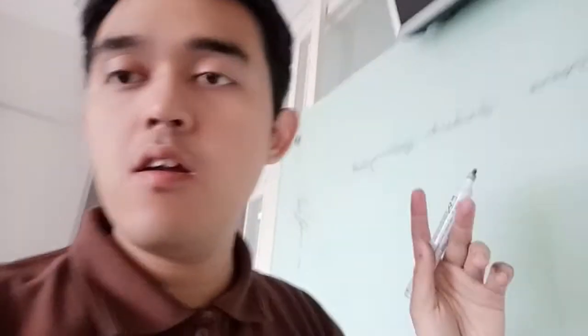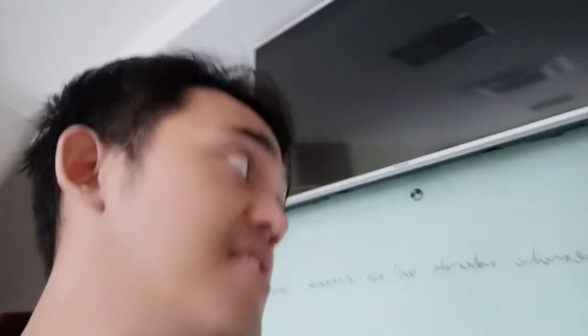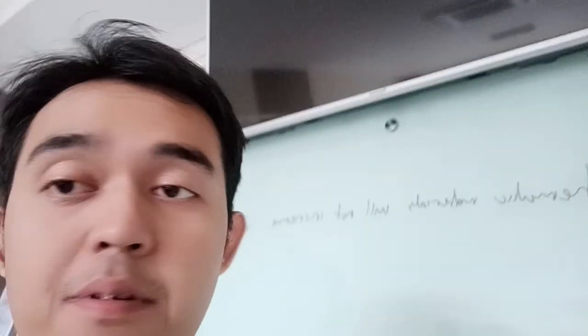So basically in the null hypothesis we use a negative sentence, because the way to test the hypothesis is by rejecting the null hypothesis. So what is the alternative hypothesis?